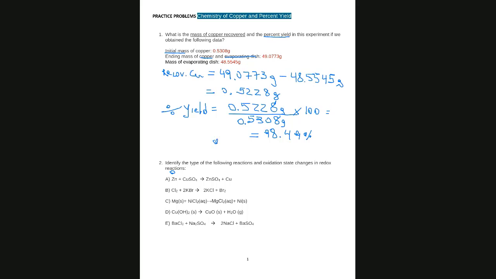The oxidation state of a free element is going to be 0. So here we have a free element, zinc, and the oxidation state is 0.